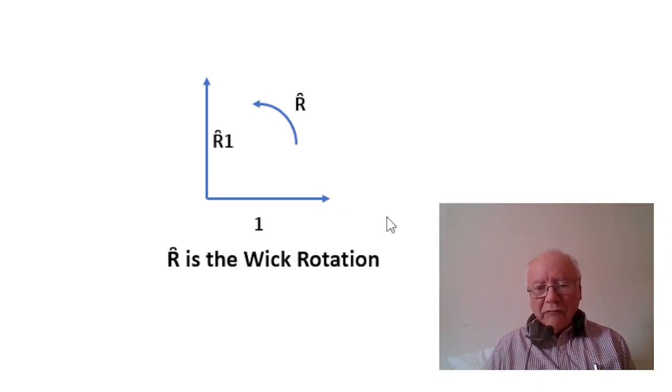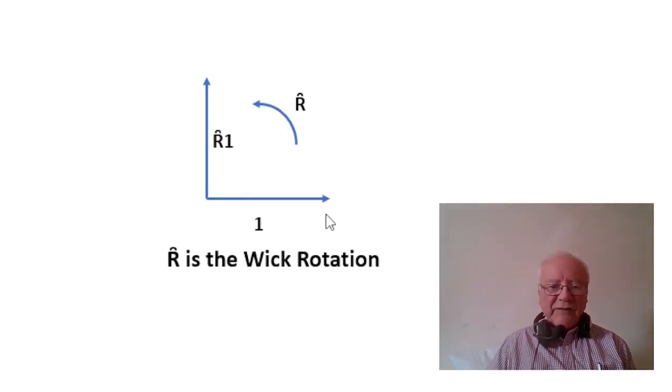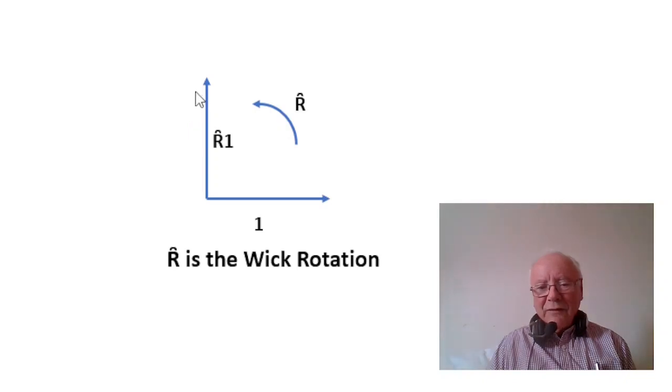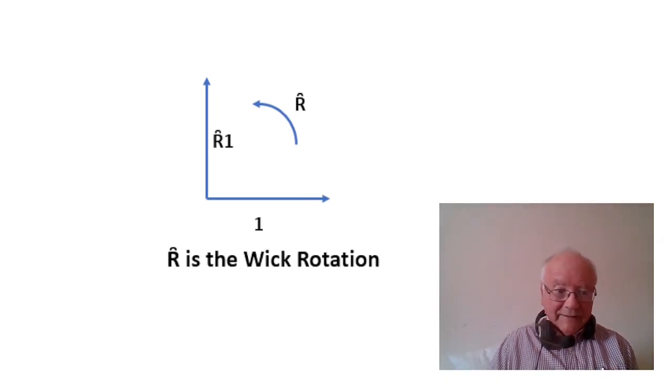And his Wick rotation is very simple. You've got the number 1 there, which I've represented by an arrow, and his Wick rotation simply rotates this 90 degrees. So the arrow that's pointing up in the diagram is just the one that's down here that's been rotated 90 degrees. And that's the Wick rotation.